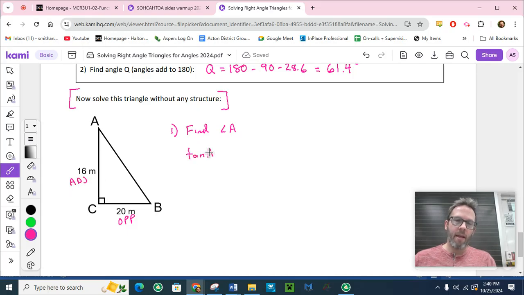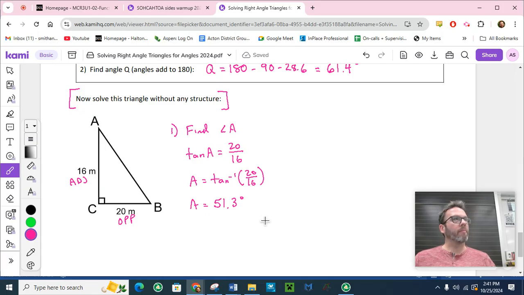So the tan of A is equal to 20 over 16. So A will equal the inverse tan of 20 over 16, whatever that is. That would be 1.25. You guys get 51.3 for A?